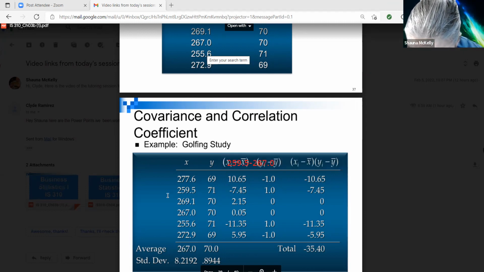Any way for us to do this calculation and enter the data in the calculator? Yeah. You can do that. You have to use columns, but you can do that. I would highly suggest that.